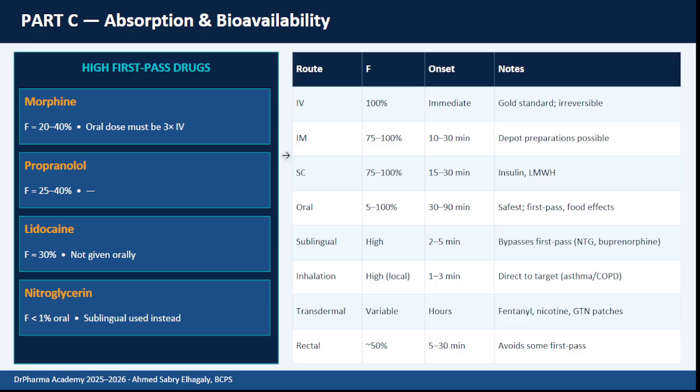I want you to know something called bioavailability. Do you know in a simple way what is the meaning of bioavailability?